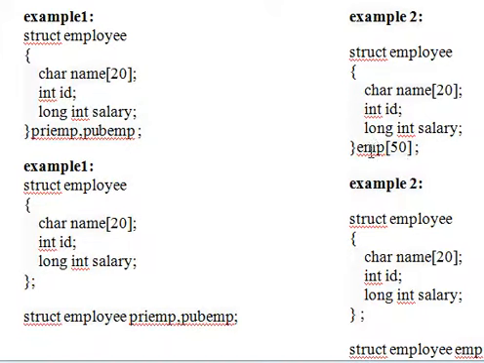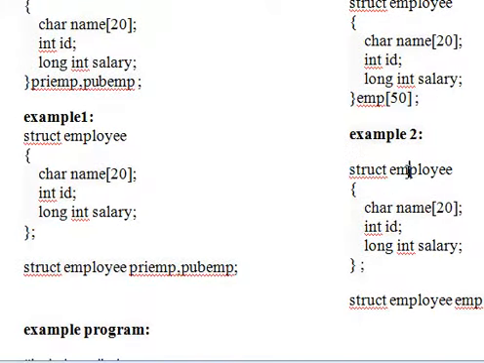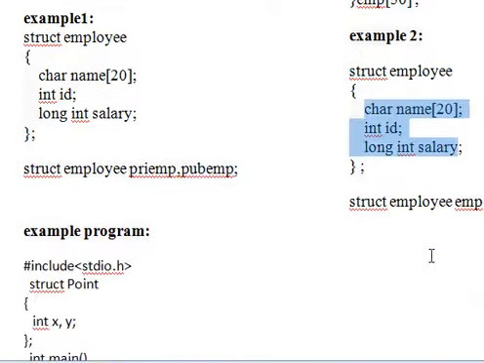Okay, next, here also there is no need to give the structure variable here only. It is allowed to give the structure variable anywhere, like this. Struct employee with 3 members, and next the structure variable declaration: struct employee, where employee is the structure name, and the variable is employee of 50.